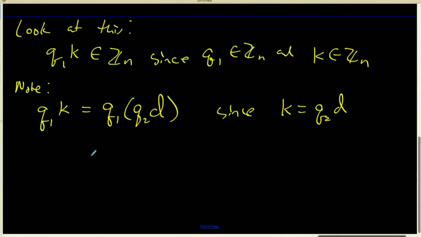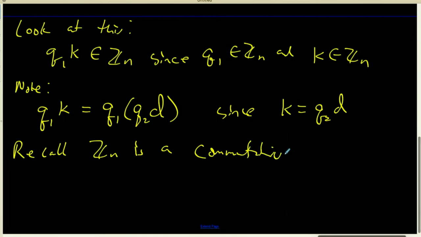Now, we're in a commutative ring, so I want to make that note. Recall, Zn is a commutative ring, so we can swap the order of both the parentheses and the elements.